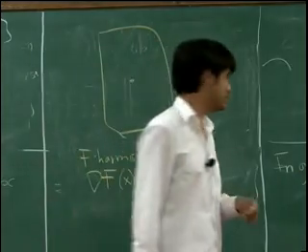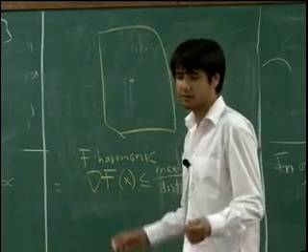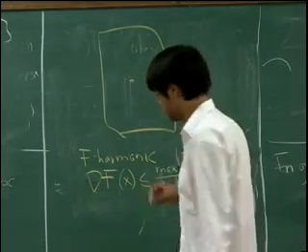So this is not easy in general to prove, I mean, for very general graphs. For the square lattice, it's quite easy.